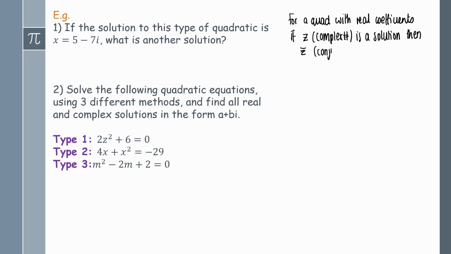For the complex conjugate, we just flip the sign in the middle of our complex number. So this would be 5 plus 7i. Now we know two solutions.